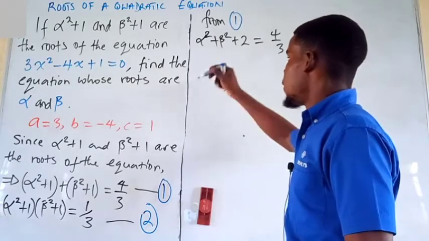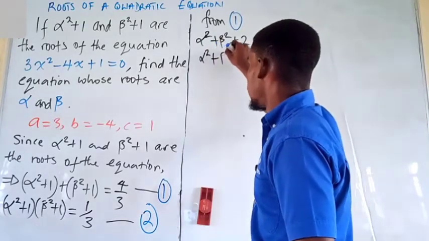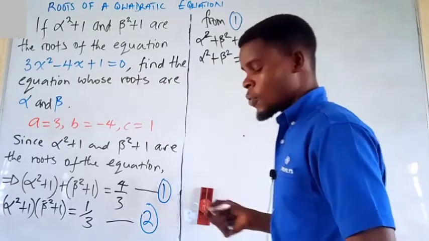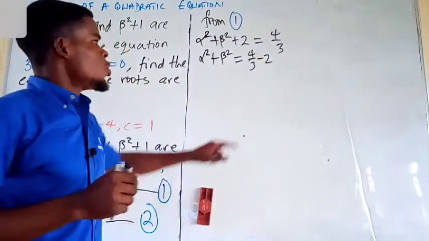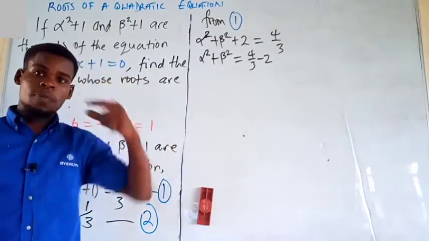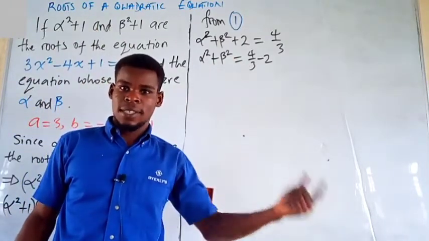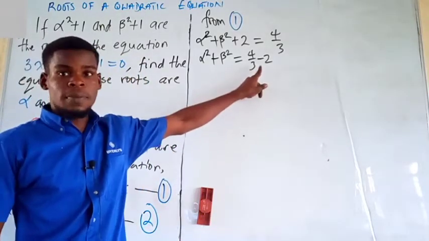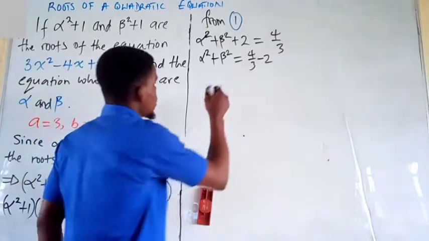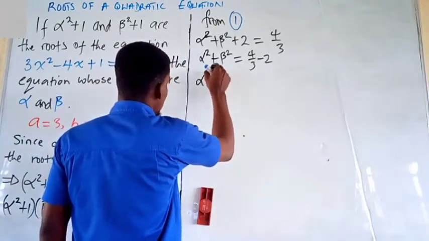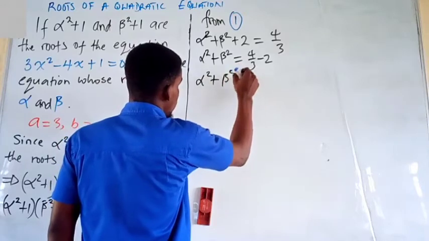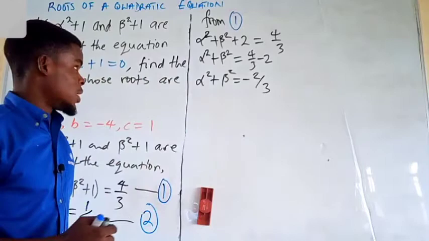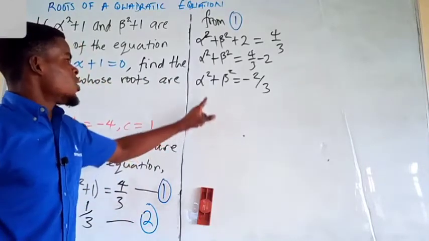Maybe just keep this alpha squared plus beta squared here. That will be 4 over 3 minus 2, subtracting 2 from both sides. You know 4 over 3 is the same thing as 1.3333, the 3 keeps on repeating without an end. So if you subtract 2 from that, you're going to get negative 0.67. That means alpha squared plus beta squared is going to become negative 2 over 3. Just check that out. You're going to see that.